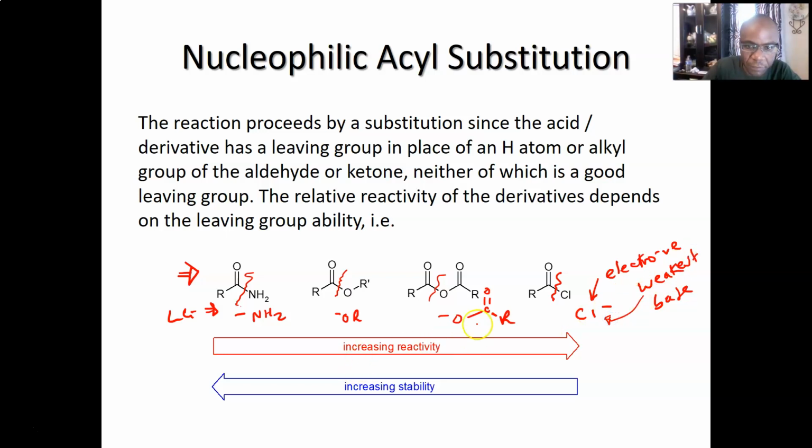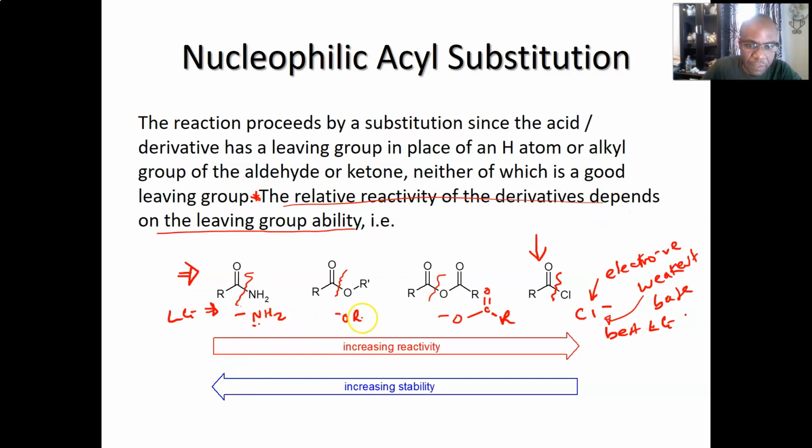So in increasing reactivity, the acid chloride will be the most reactive, because it has the weakest base, which happens to be the best leaving group. So the reactivity is based on the ability of the leaving group to leave, as a key point.